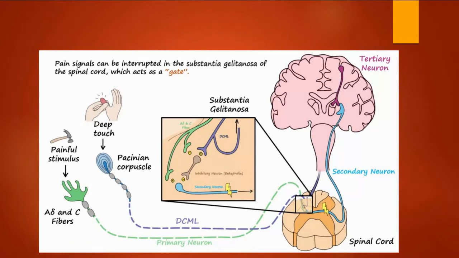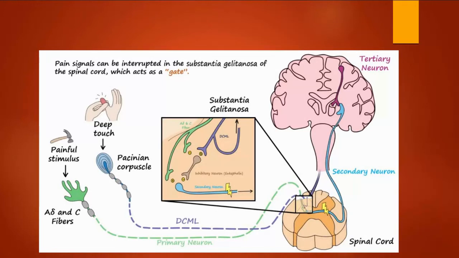And what it's saying is that this interneuron releases a neurotransmitter called enkephalin or endorphins, and these are basically our natural painkillers, our natural opioids, our natural analgesics, which will mitigate pain.